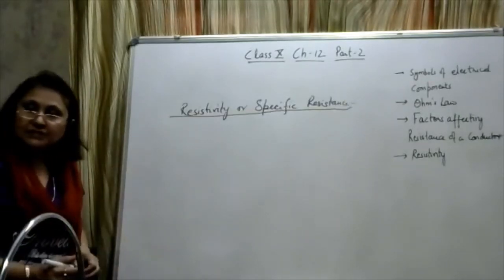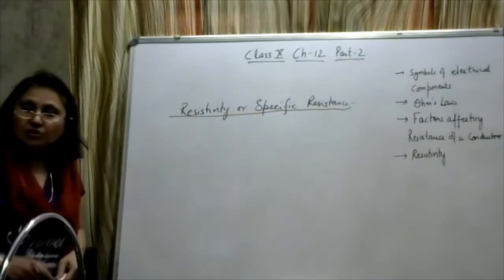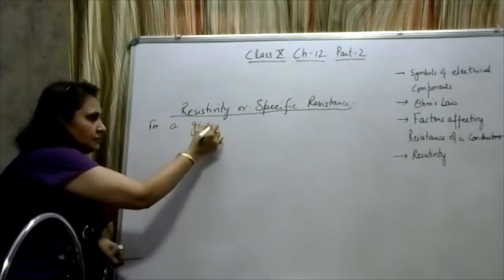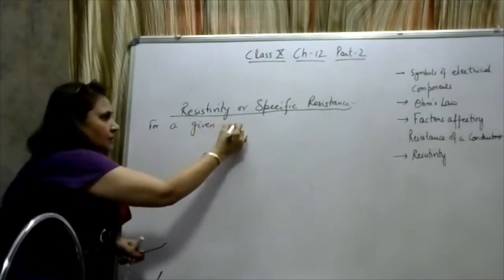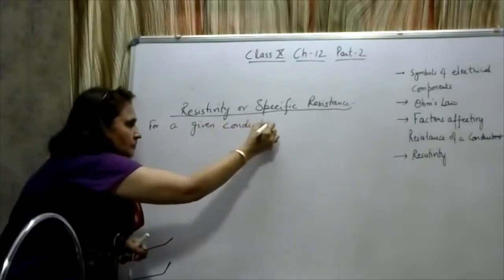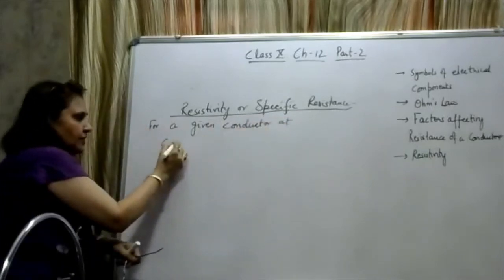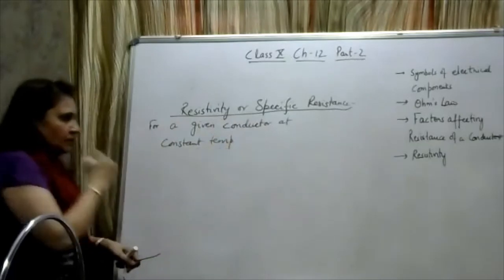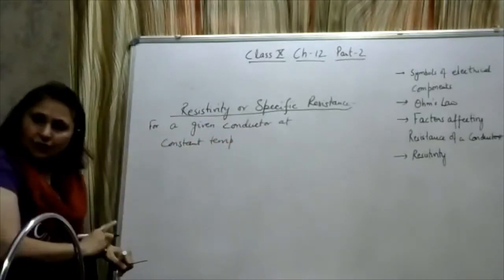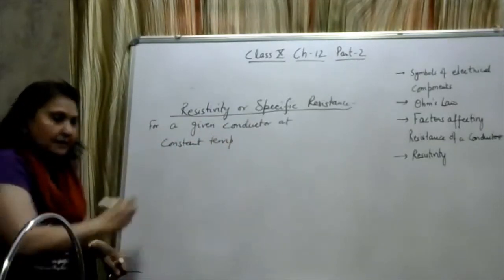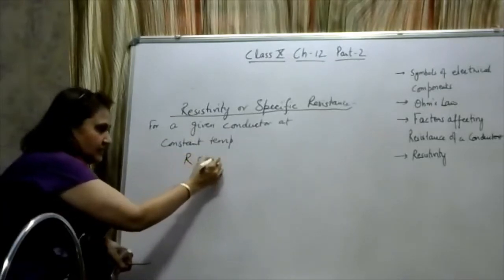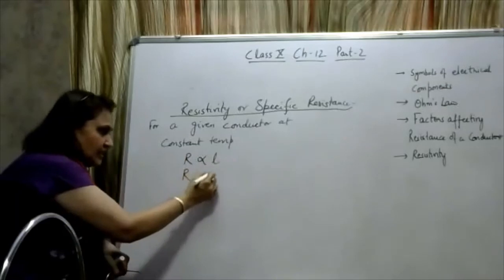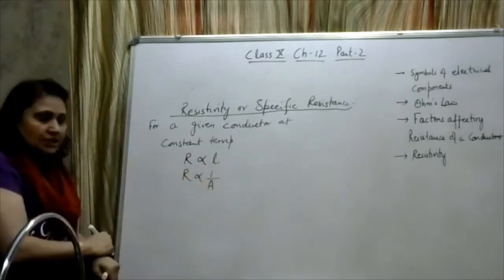The next topic is resistivity, which is also called specific resistance. For a given conductor at constant temperature, we have studied that resistance is directly proportional to the length and inversely proportional to the cross-sectional area.